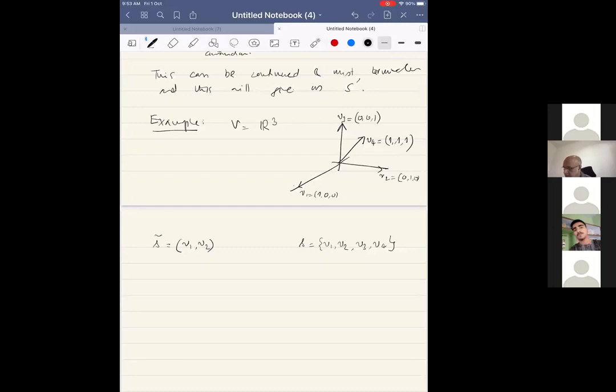So now, what is the span of S? That's R3. Do you see this?